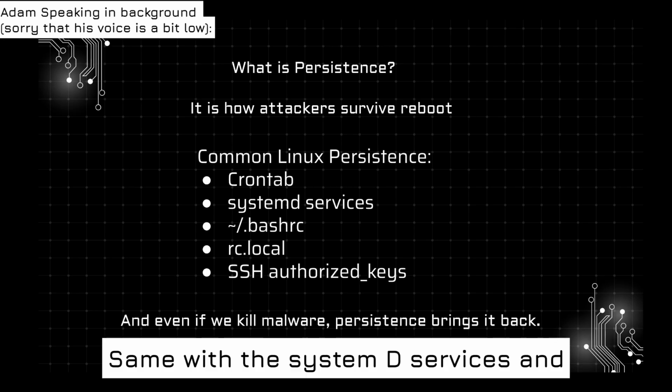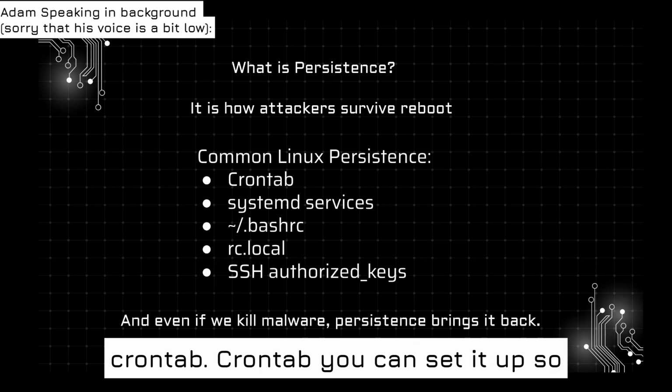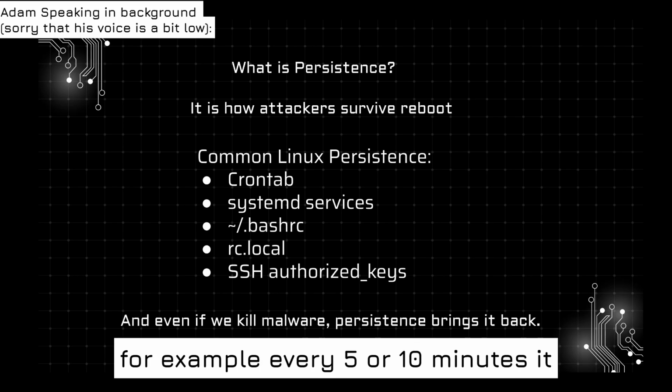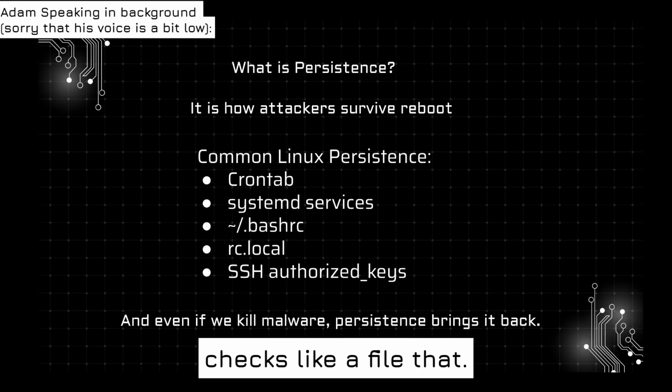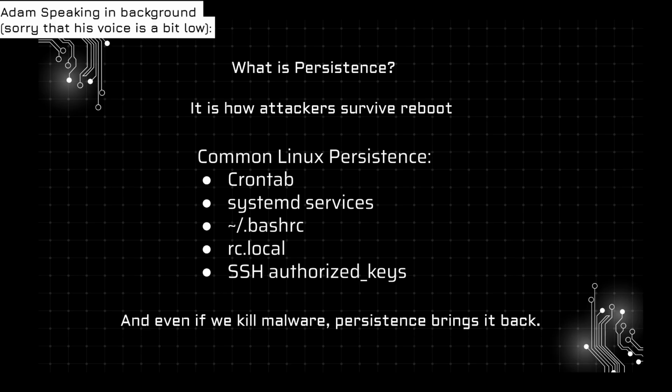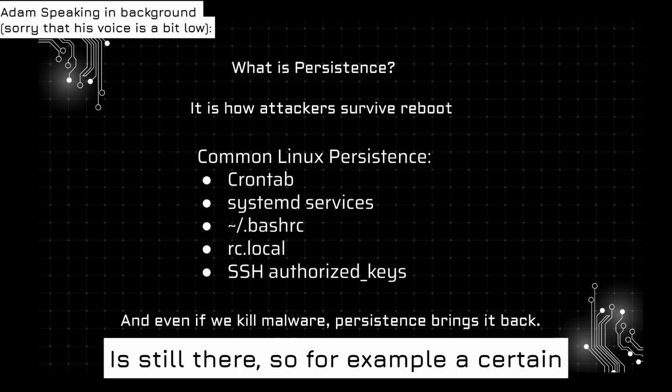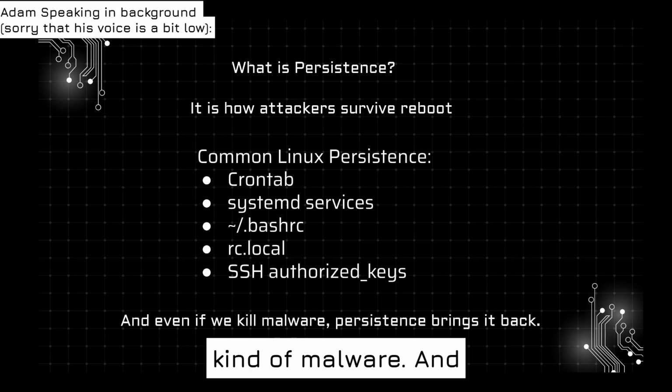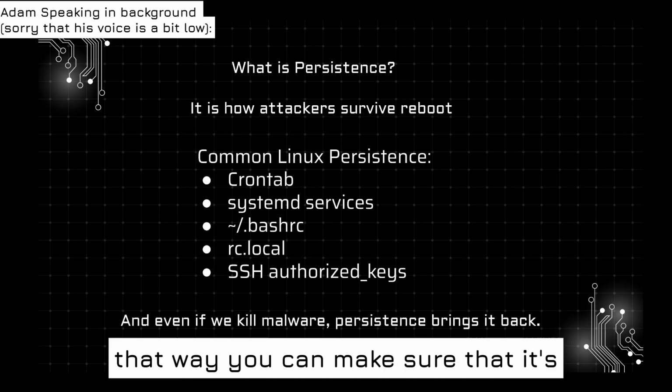Same with systemd services and crontab. With crontab, you can set it up so that, for example, every 5 or 10 minutes it checks whether a file that the malicious user put there, such as a certain kind of malware, is still there.